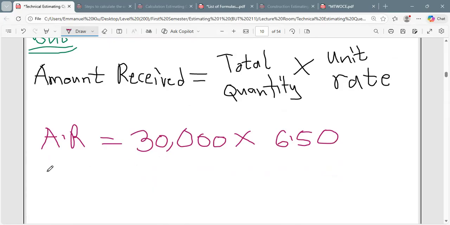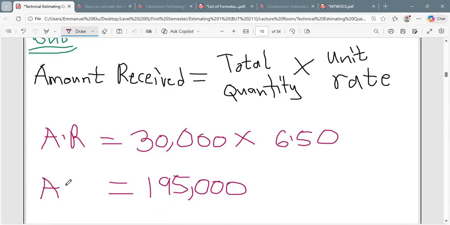We're going to get 195,000. That is your amount received.